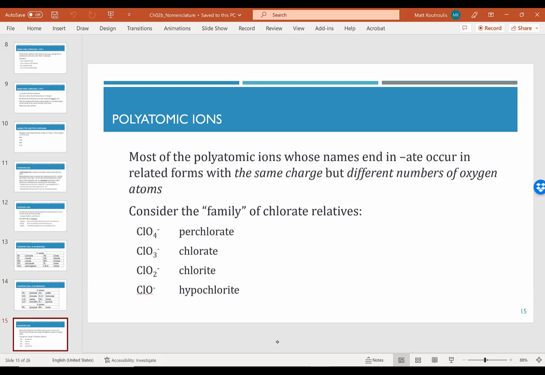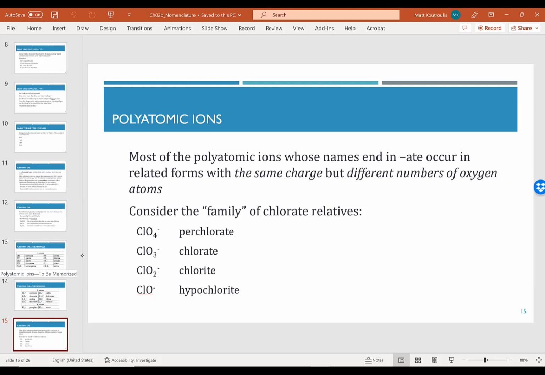There's very few polyatomic ions that have a complete family. Chlorate has a complete family. So chlorate is ClO3-. But there's 3 relatives that differ only in the number of oxygens. There's perchlorate, chlorite, hypochlorite. Those all are definitely found in nature, in compounds that we use here.